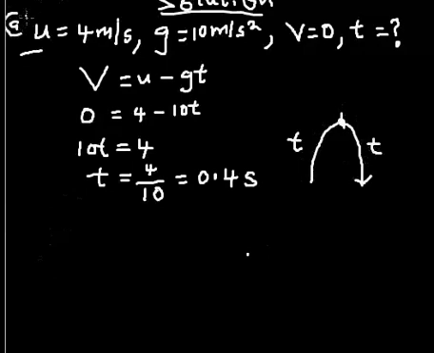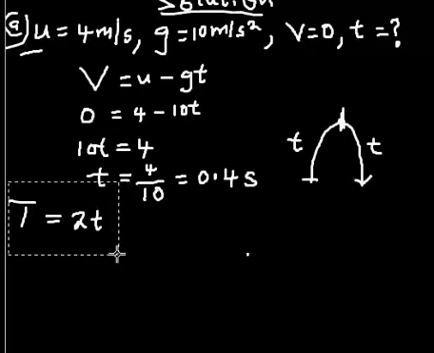Time of flight is just the total time it takes for it to get to this maximum height and return back. So if I should draw the graph of the motion, of course the motion is in 2 parts, up and down, right? So capital letter T is equal to 2 times small letter t. So that's of course the B part of the question.